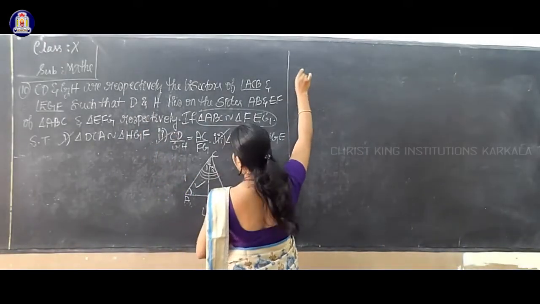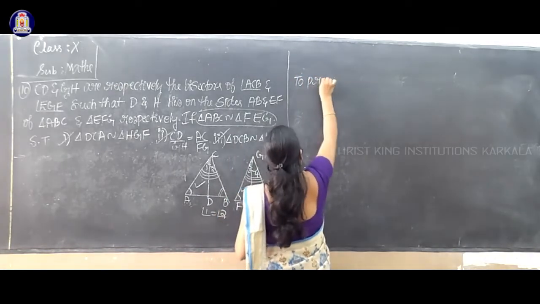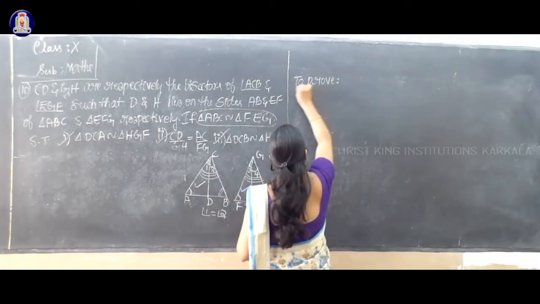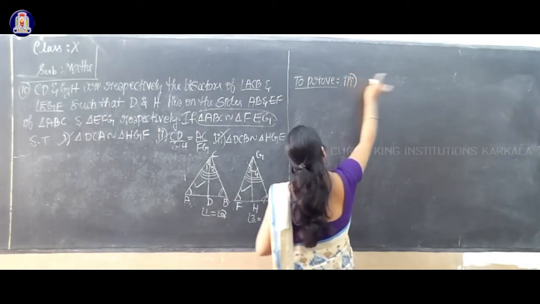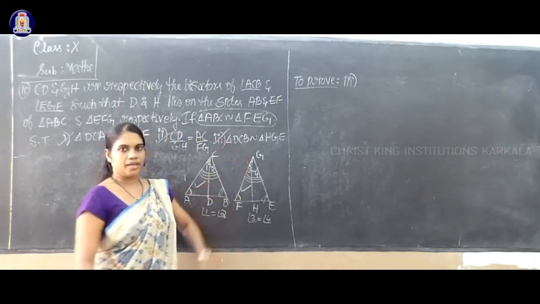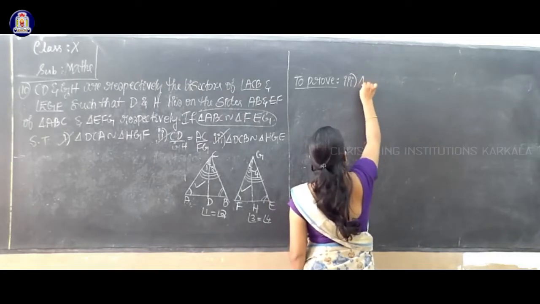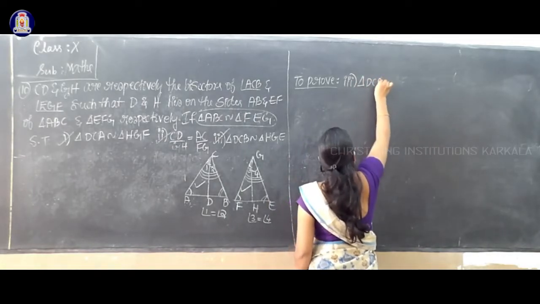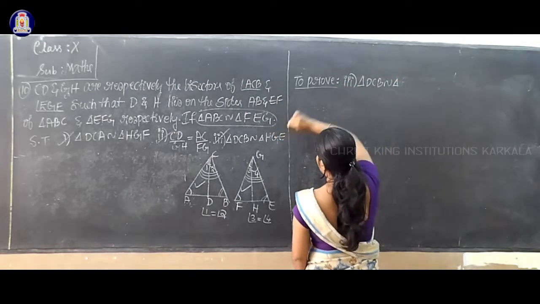To prove, I'll write here: third sub question. What we are going to prove? Triangle DCB similar to triangle HGE.